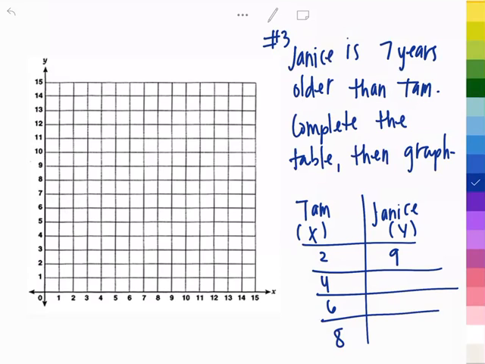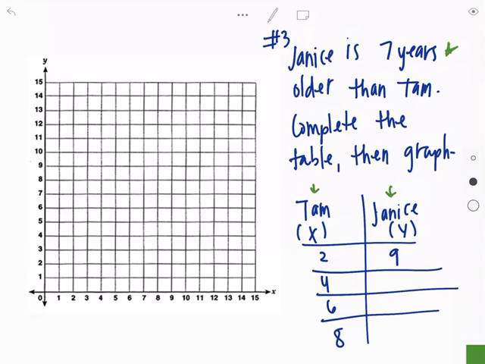Okay, and here what it's asking you is it's going to give you a scenario. It's going to give you a relationship. So, for example, this one says, Janice is 7 years older than Tam. Complete the table and then you're going to graph. So here we have points for Tam and we have points for Janice. And it says that Janice is 7 years older.